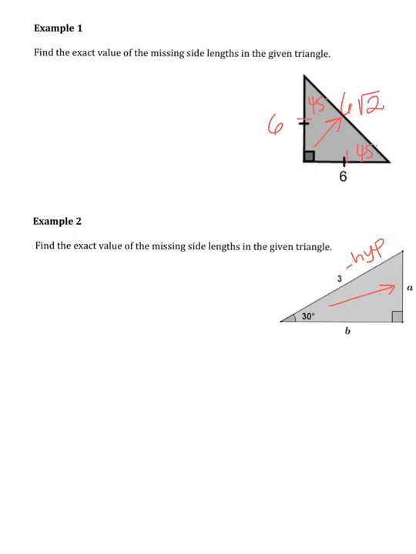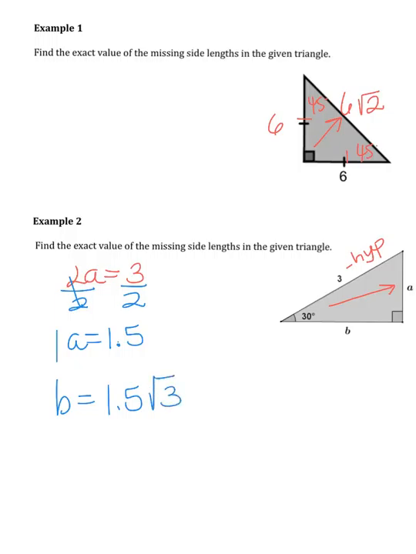So we know that the hypotenuse is double the side that's opposite the 30. So we know that to be equal to 3. If I go ahead and solve this by dividing out the 2, I get A is equal to 1.5. That's 3 halves. Then I'm able to find B, which is take that value, 1.5, and multiply a radical 3 to it.